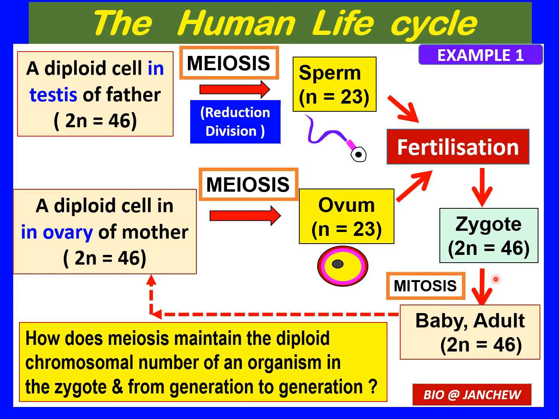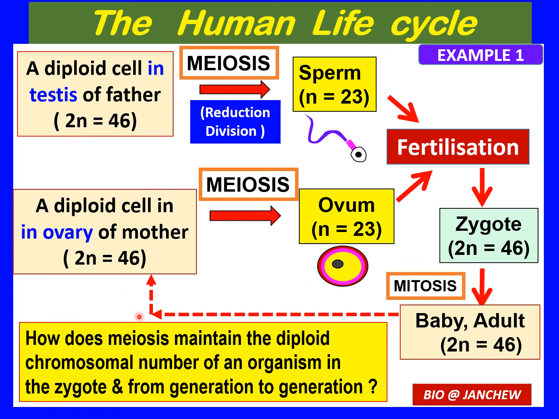Therefore, in order for the offspring or the zygote to possess the same chromosomal number as the parent, 46 chromosomes in each cell, meiosis is important. The gametes must be formed through meiosis and not mitosis.